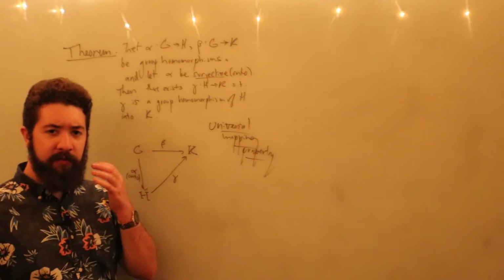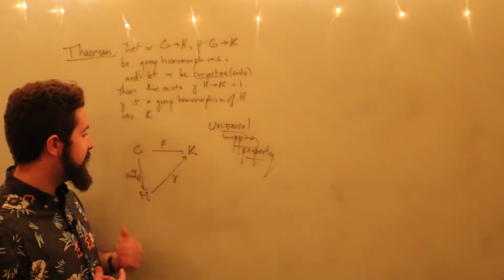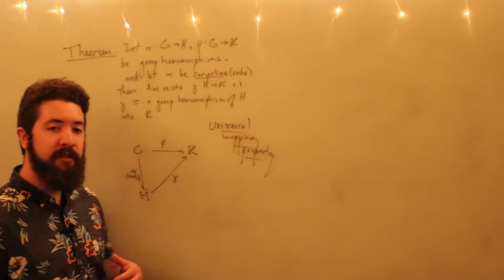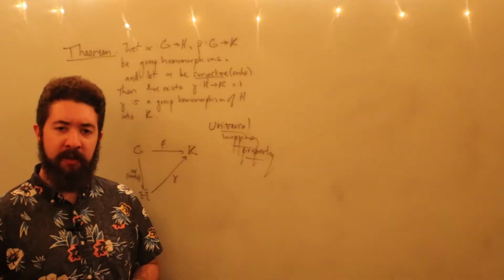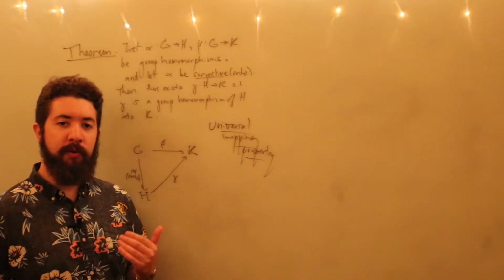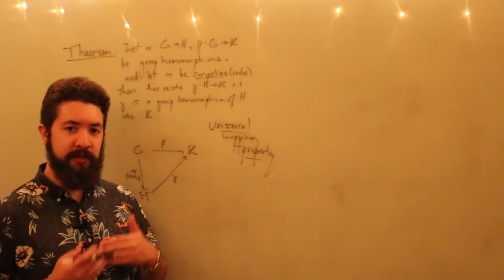Alright, first I'd like to make a little note. We assume that alpha is onto. It's not actually necessary to assume that alpha is onto because of the first theorem today, where we said that any group homomorphism is an epimorphism onto its image.